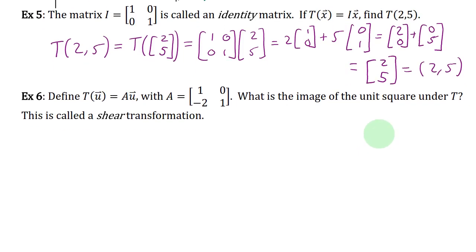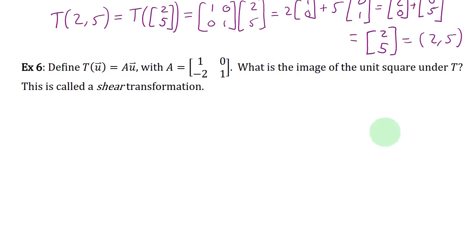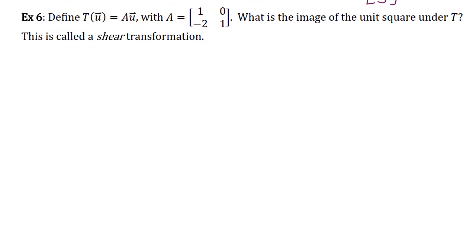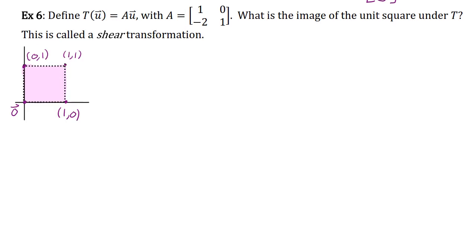So anyways, let's look at if we define T of u equals A times u, and this is your A, what is the image of the unit square under T? So we're going to try to get a nice picture of this here. This is what I mean by the unit square. It's the 1 by 1 square with these 4 corners in R2. And it does include the edges and the endpoints.